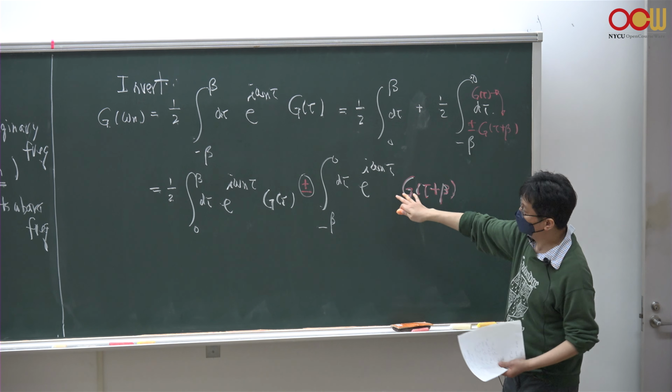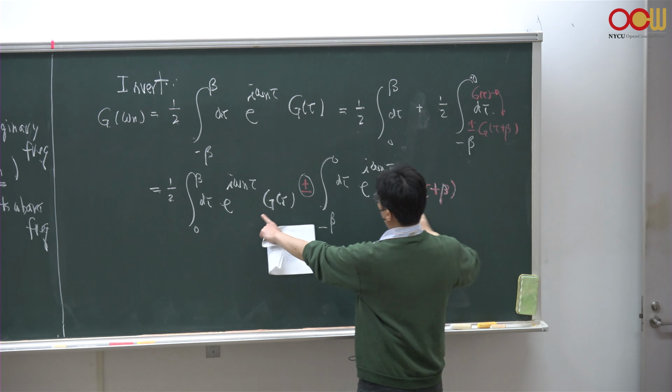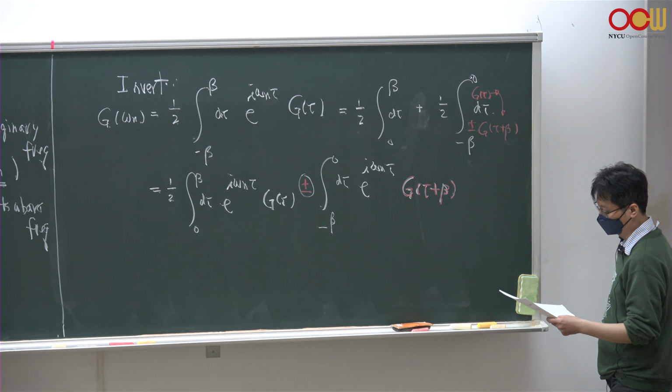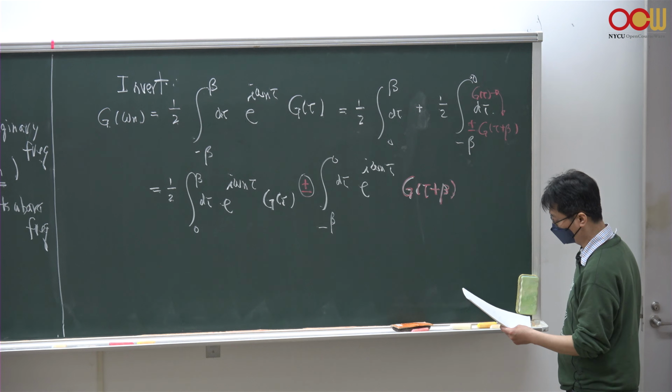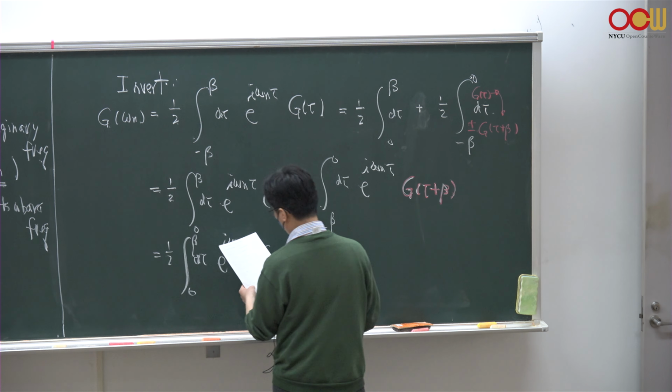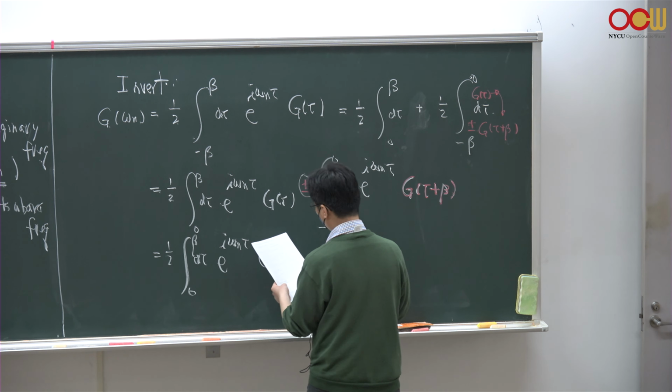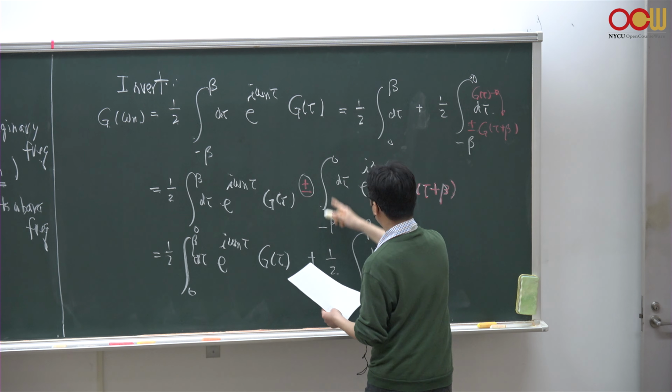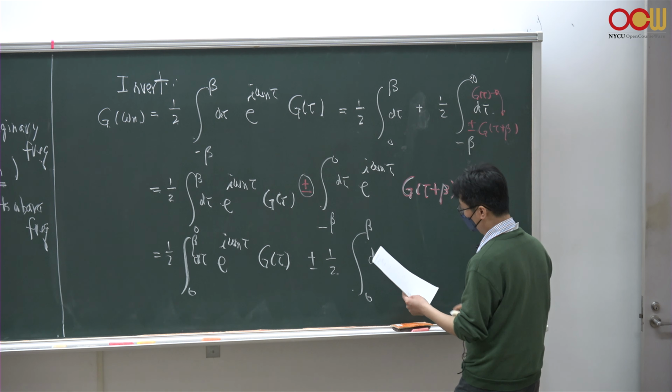So the reason why we're doing this is that we would like to combine these two pieces of this Fourier sum together. So let's just try to combine these two. The first term is the same, but for the second term, let's shift the origin, or change the variables, from minus beta to 0 and beta.